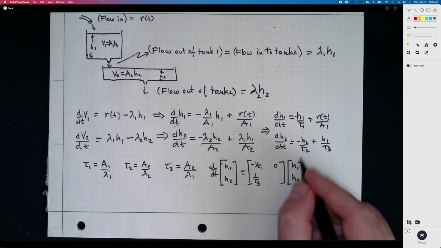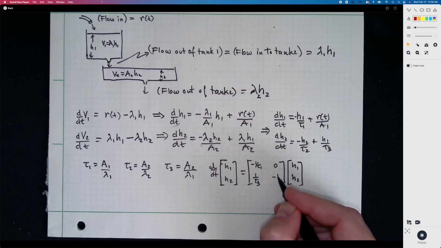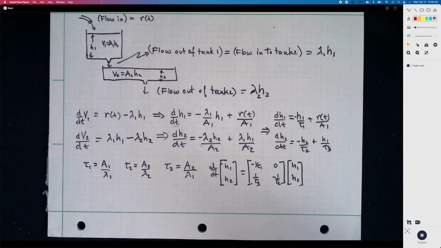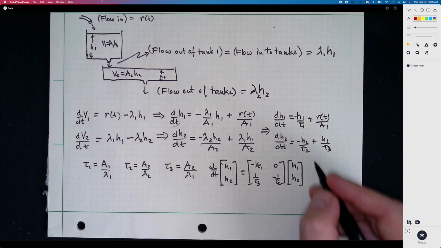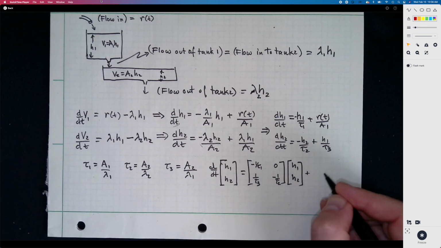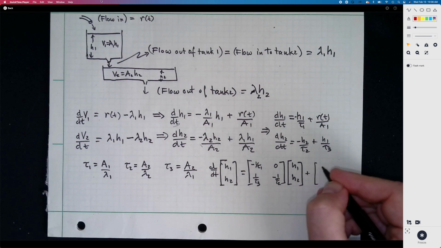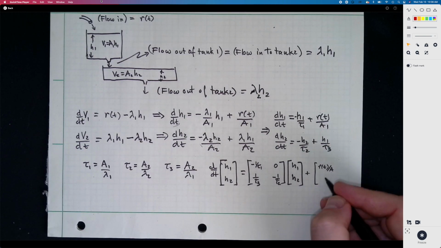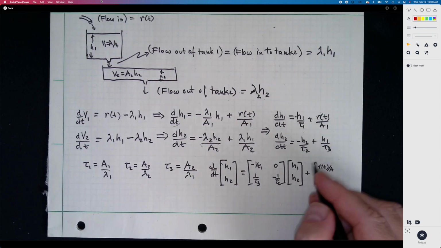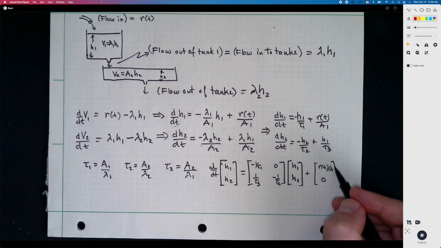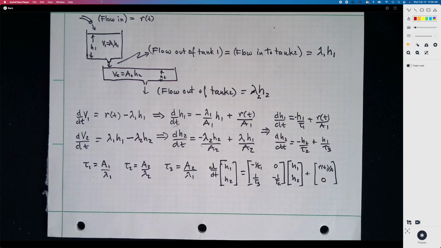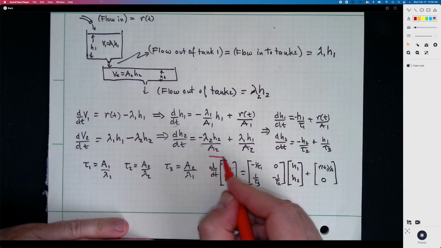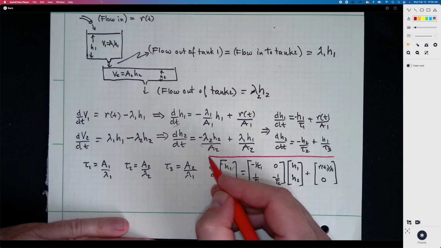And in the second one there's a minus 1 over tau 2. What we're missing is the non-homogeneous part, which is the source term, so plus r of t divided by A1, and 0, because there's no non-homogeneous source term in the second equation. And so this gives us the system of equations for the two-tank problem.